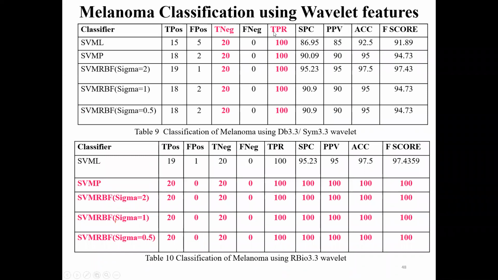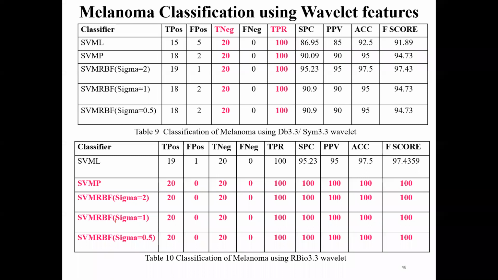And when it comes to the other disease classification, like melanoma classification using wavelet features, again dB 3.3 or Symlet 3.3 wavelet, you observe the results with true positive, false positive, true negative, and false negative. And classification with RBIO 3.3 gave better results when compared with the above table 9.